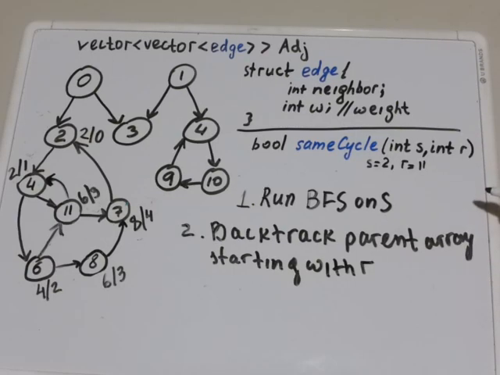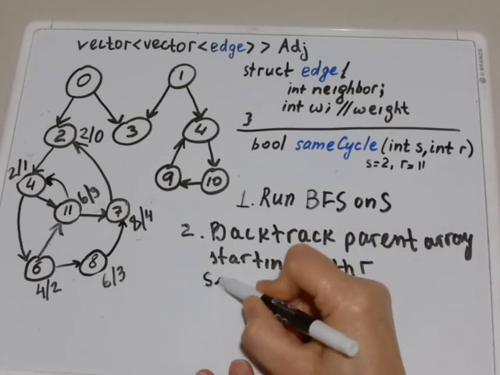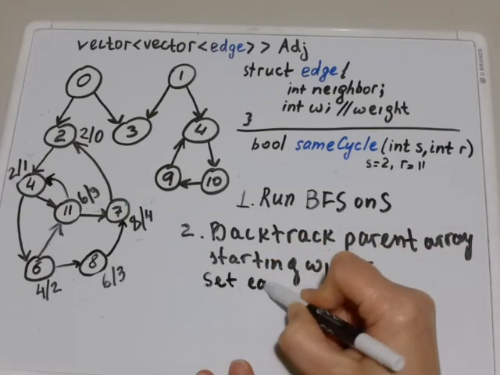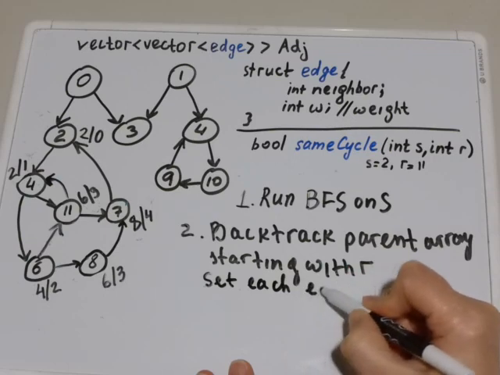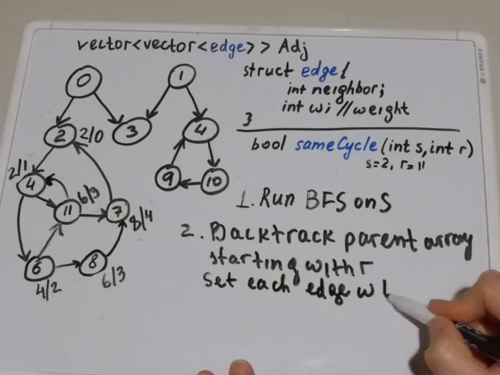And as we backtrack parent array, we set each edge weight W to -1.